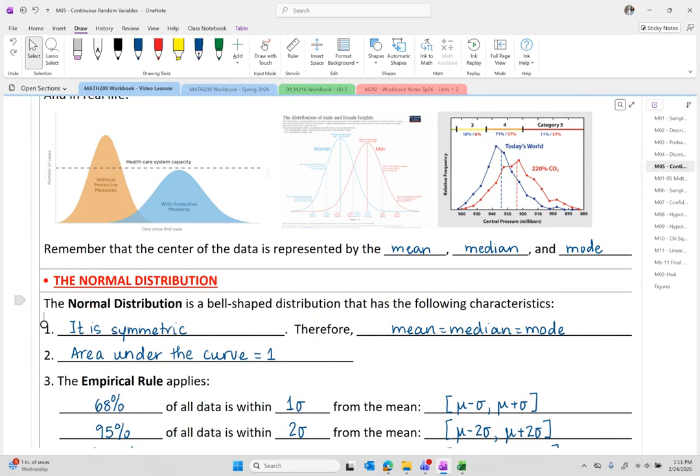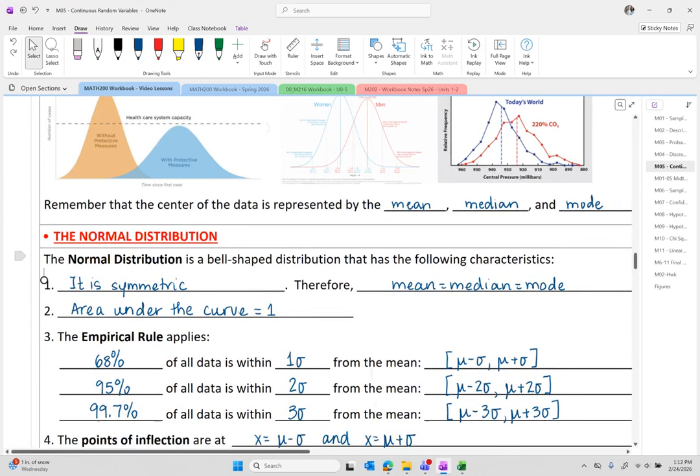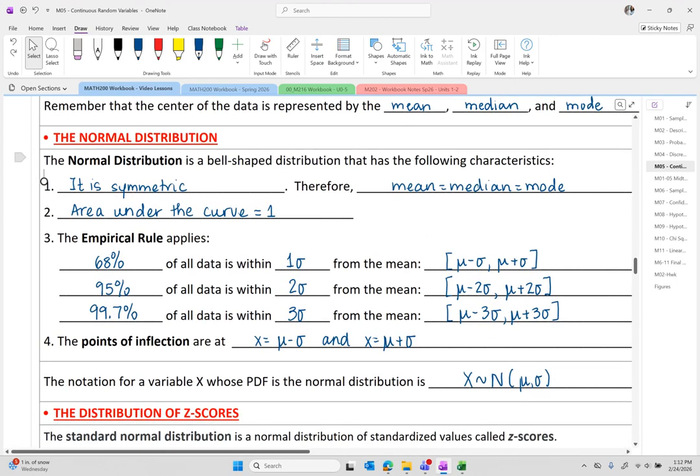The area under the curve is equal to 1 because we want this to be a PDF. So the whole area under the curve has to be equal to 1. And the empirical rule applies. We have seen the empirical rule in the previous chapter.